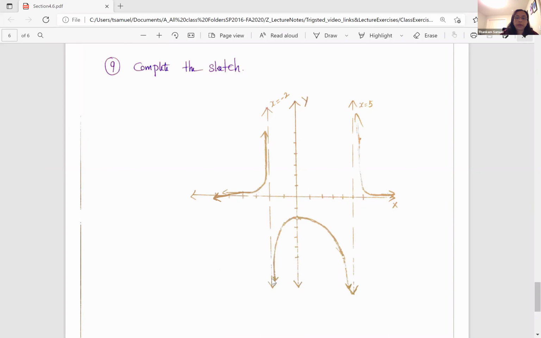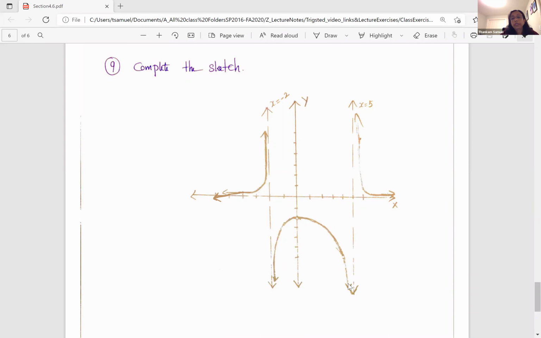So this side is going down. And we have already seen that as x approaches 5 from the left, the graph is again approaching -infinity. So it is going down. So that is another part of the graph.